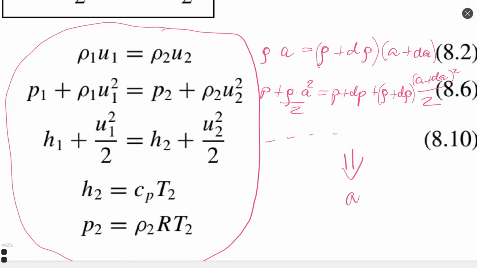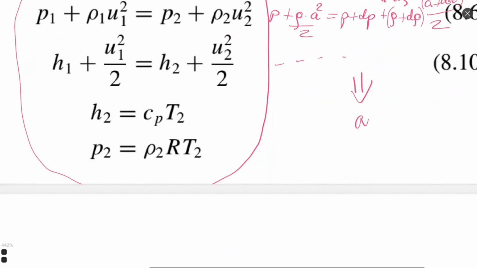So we will neglect some products when we open the brackets, for example, d rho multiplied by dA will be equal to 0. But when we multiply, for example, the speed of sound by d rho, we have a product A d rho, like this. So we can find the speed of sound from this set of equations.